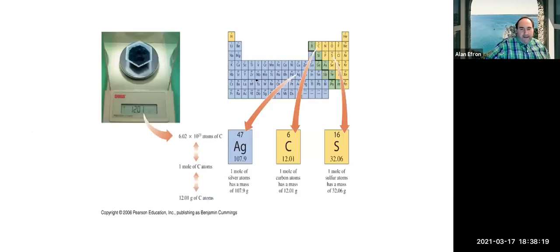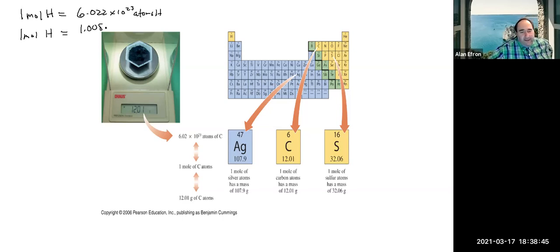Okay. Now, if we tie together the two things that we just talked about, which was Avogadro's number and molar mass, if I had 1 mole of hydrogen, that would have 6.022 times 10 to the 23 atoms of hydrogen. And that 1 mole of hydrogen would also have 1.008 grams of hydrogen. So there is a relationship here.